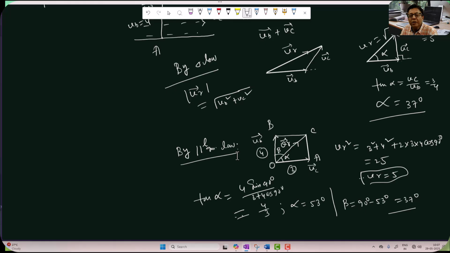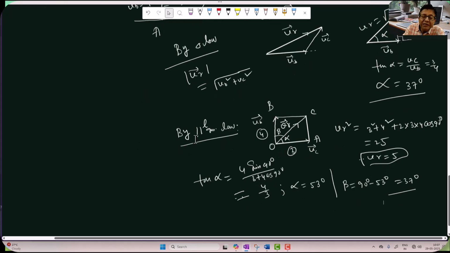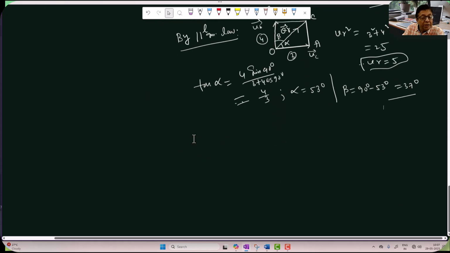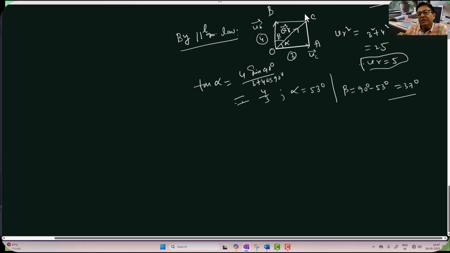With parallelogram law, you can find it, but it becomes a bit complicated. Okay, that we'll discuss in another session. Right now, after remembering triangle law and doing parallelogram law, I would like to tell you one method where a vector can be resolved into its components.